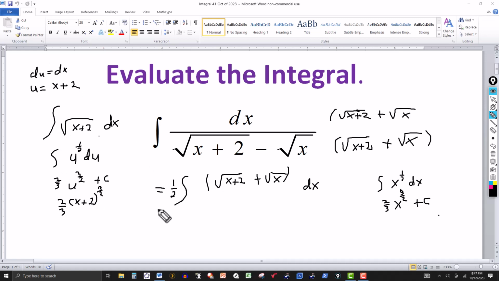So the point I'm trying to make here is if you've got a radical, whether it's a square root, a cube root, a fifth root, if the radicand is just x, in other words, it's linear, first degree, with a coefficient of 1, and you're adding or subtracting some constant, let's just call it c, this is the same thing as integrating x plus 2 to the 1/2.